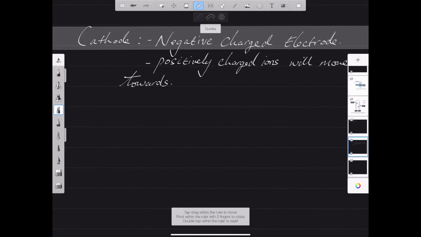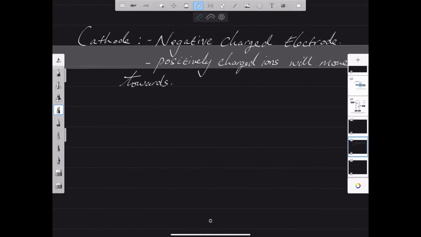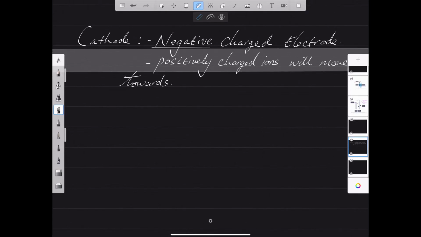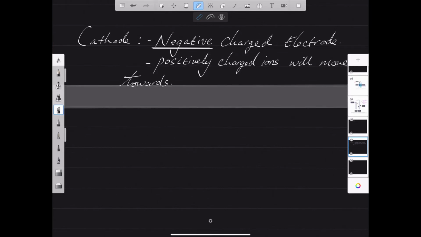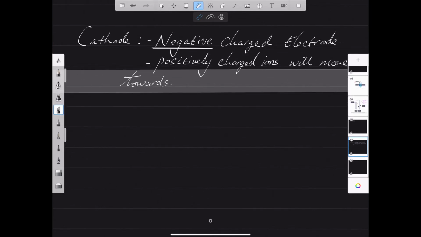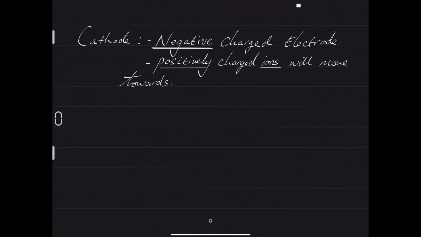So can we underline here? Cathode is negatively charged, and it's important that you remember that. It's negatively charged, and positively charged ions, so positive ions, will move towards it. Just make sure you understand the distinction here.